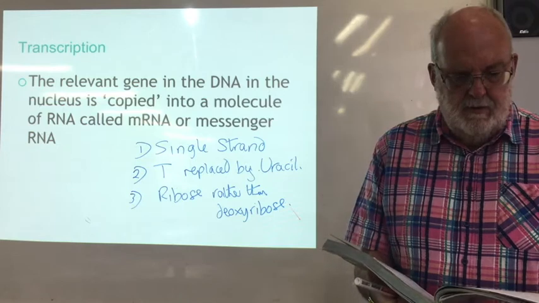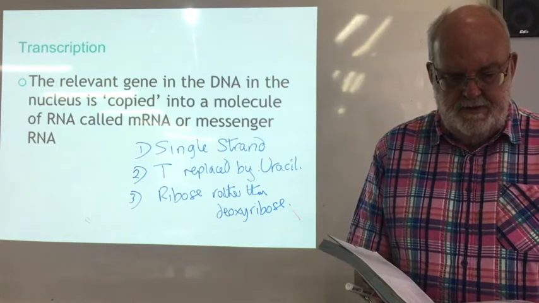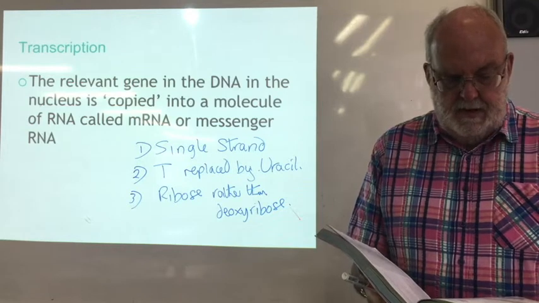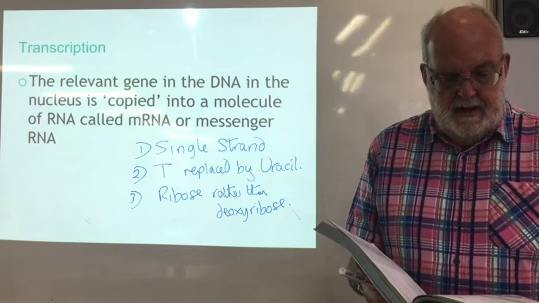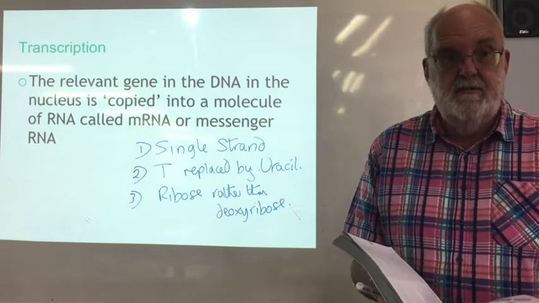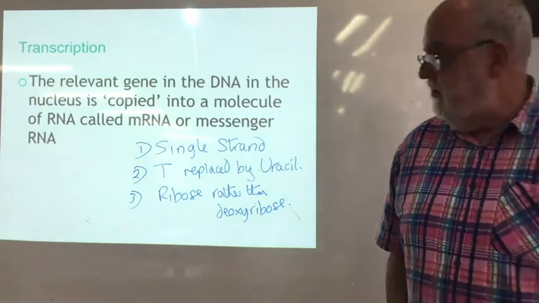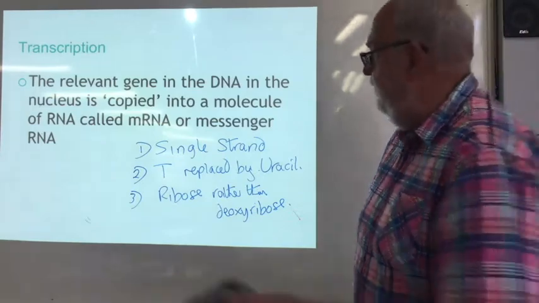There's a molecule of ribose and a molecule of deoxyribose, and the only difference between the two is the fact that on carbon number 2 there's a hydrogen instead of a hydroxyl group. The rest of the molecule is exactly the same, but you can check that up for yourself.